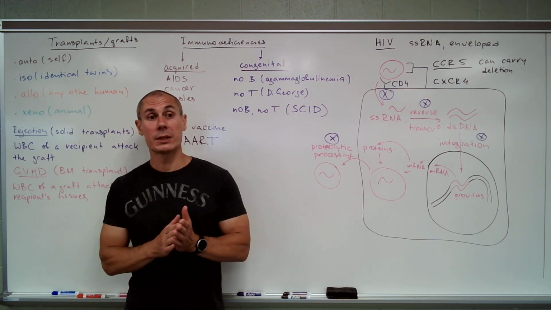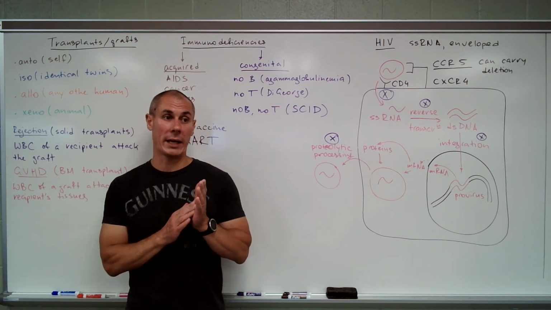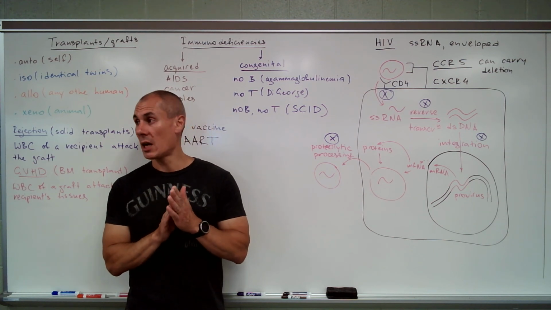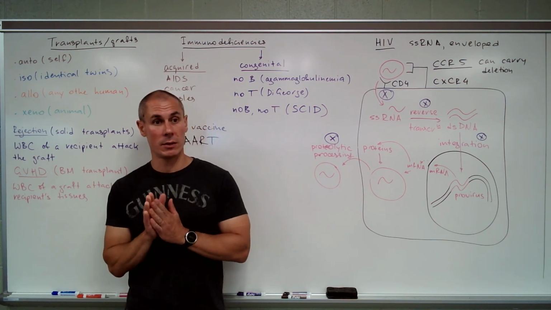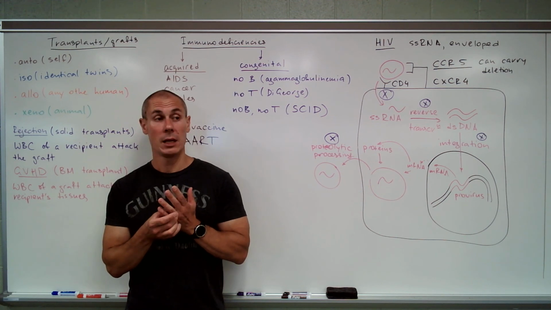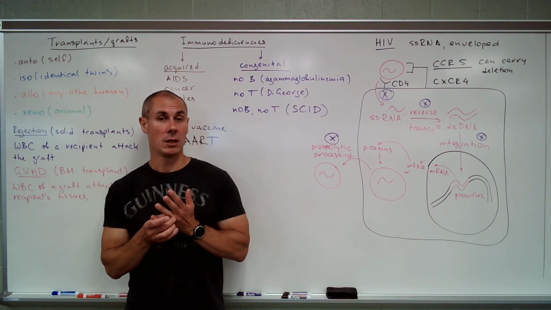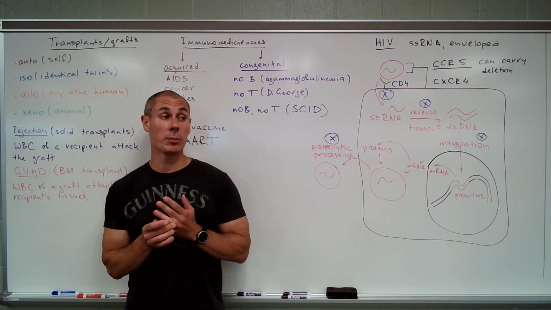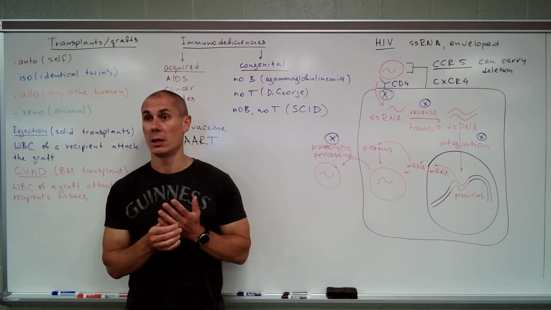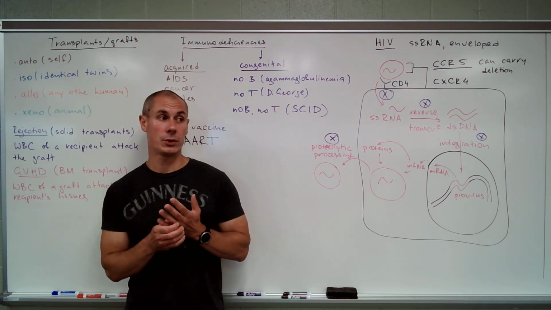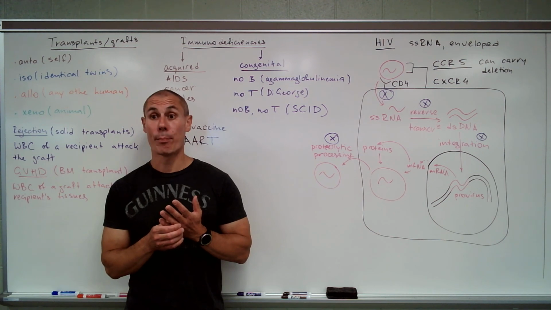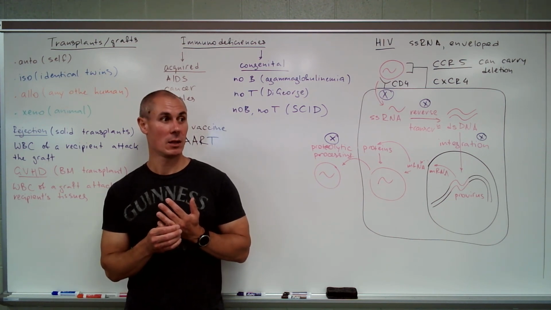Okay? Vertical transmission. Vertical transmission is quite interesting. It's a very common route for HIV transmission in the developing countries. In the United States, I didn't check the latest numbers, but at some point it was in low double digits per country. So like 26 cases.